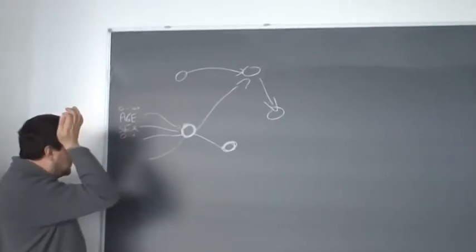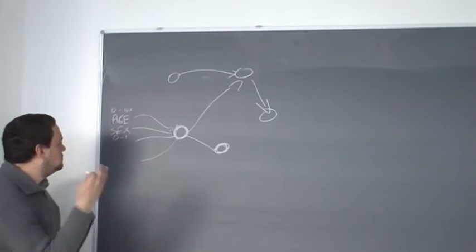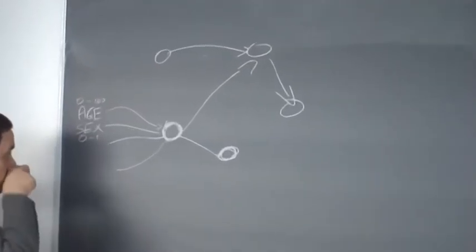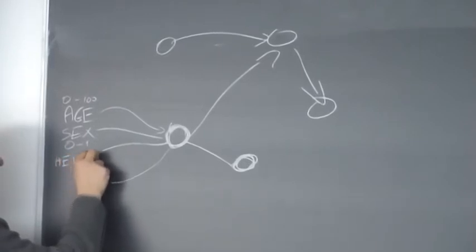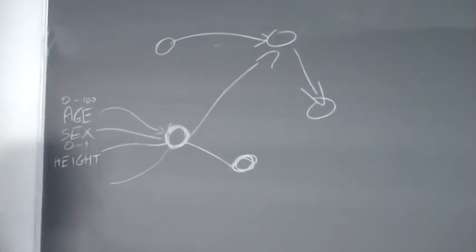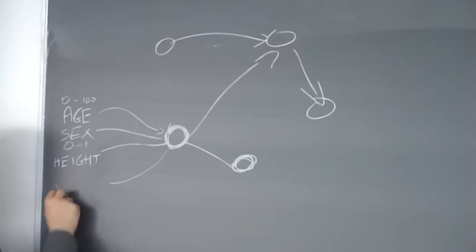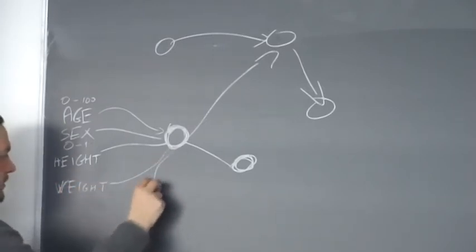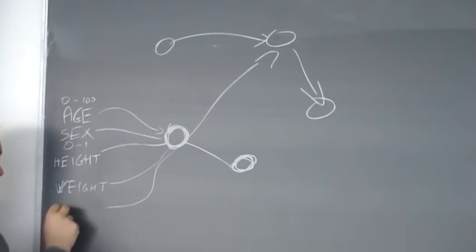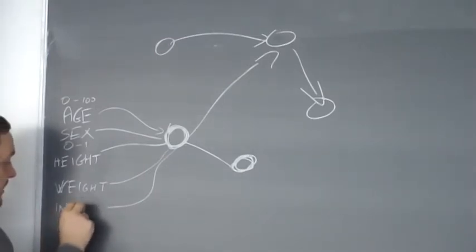Let's imagine another pair of numbers that can represent a person. I don't know, it has very little meaning about purchasing habits, but suppose height or weight. Yearly income.